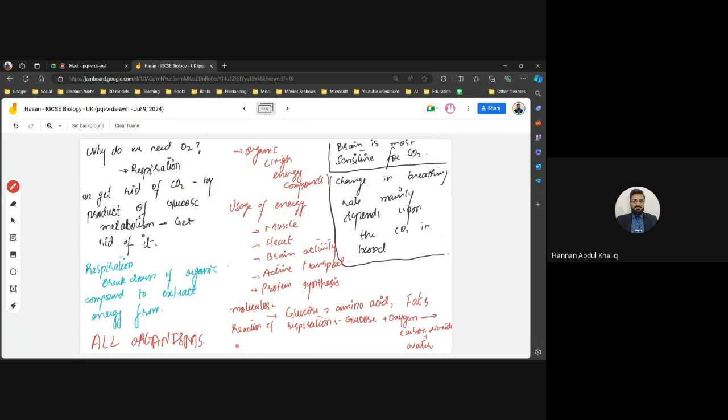Or I can write it in this way: C6H12O6 plus 6 oxygen gives 6 carbon dioxide plus 6 water. Remember that this reaction is for aerobic respiration.